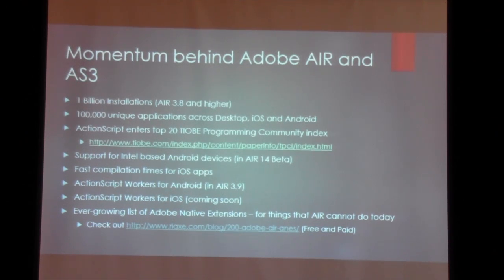You can target both of these extensions purely from ActionScript. So from your app's point of view, you're still in your ActionScript domain, but you're actually making calls at runtime to the native extensions that you have built for the specific platform. So between ActionScript workers, native extensions and the momentum behind the runtime, there are a lot of positive things going on, which is why I urge people to really try this, see it for yourself, and then make a decision.